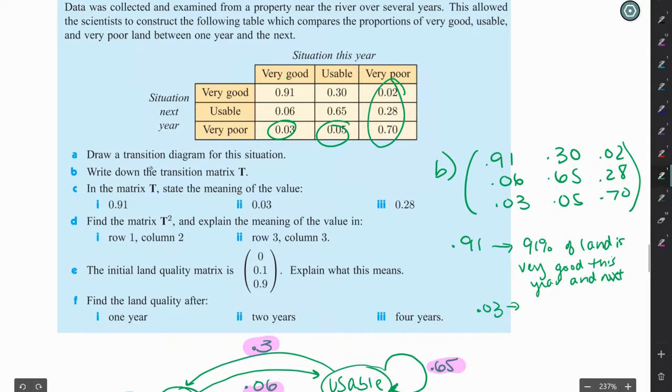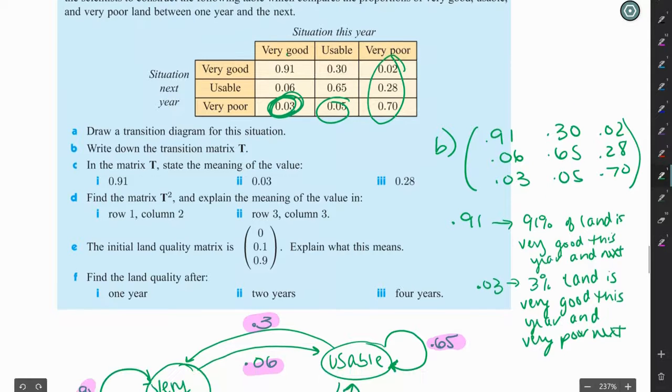0.03, so if we look, that means that it's right here. So it means that 3% probability that the land is very good this year and very poor next year.